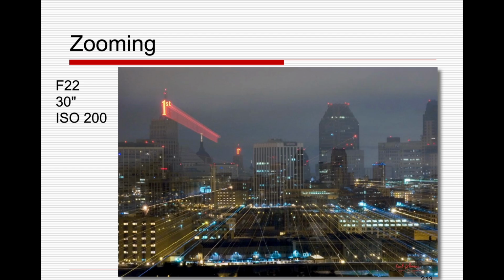So for the first 15 seconds, I'm zoomed in really tight, and then for the second 15 seconds, I zoomed out really quick. Now, that gives us all of these light trails going towards the vanishing perspective.